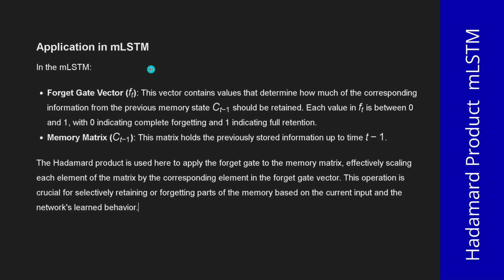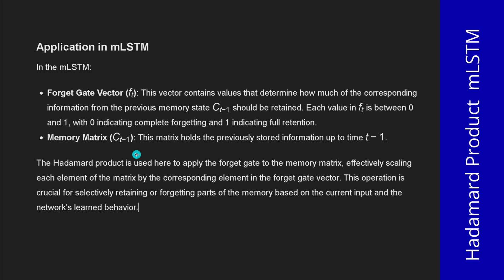Now, how does it apply to our gated memory system? This is a simple idea. You have your forget gate, your vector representation f at the time t, and this vector contains the values that determine how much of the corresponding information from the previous memory state, t minus 1, should be retained. So each value of f at the time t is a value between 0 and 1, 0 indicating a complete forgetting, and 1 indicating full retention.